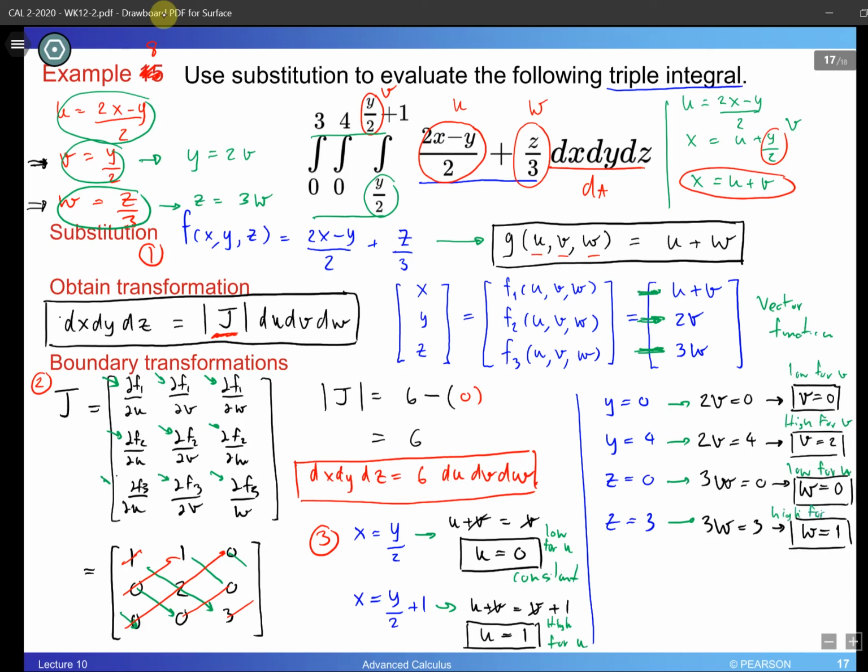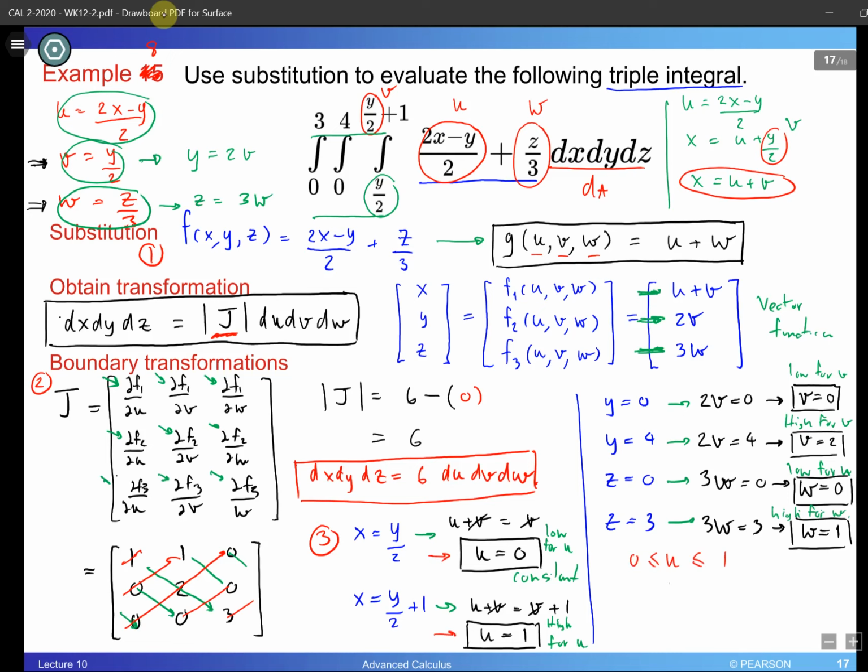Now I want to conclude all of these boundaries that we found. We found that u has to be over this range from 0 to 1, coming from these two boundaries. When you have a constant boundary, it's kind of easy to work with.